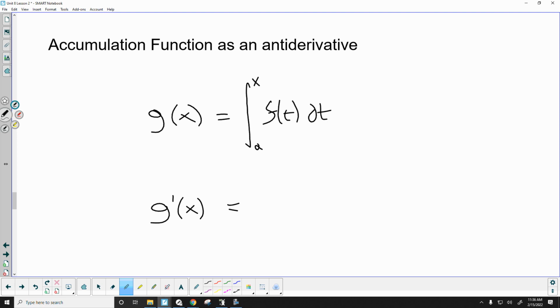What's the derivative of the right side? You take the antiderivative, and then you take the derivative. Which means g double prime equals f prime. Okay, cool.